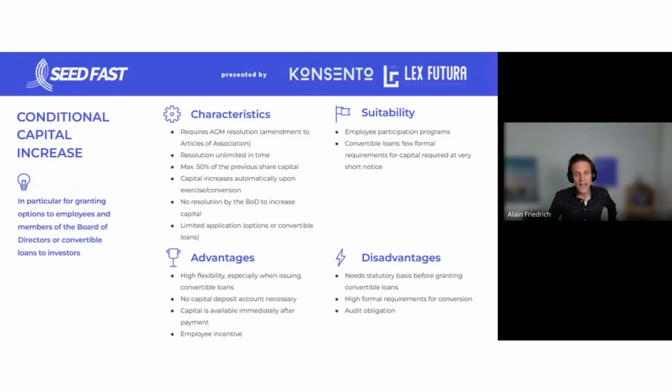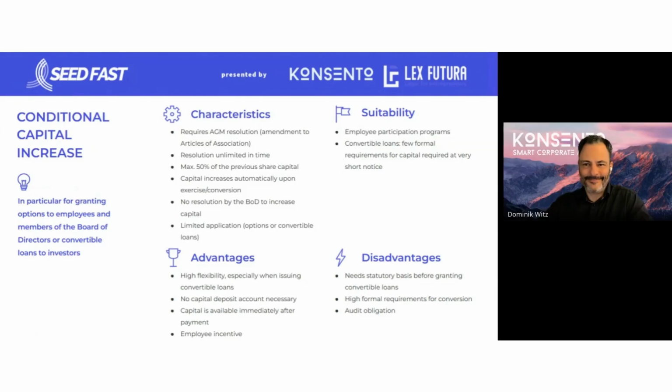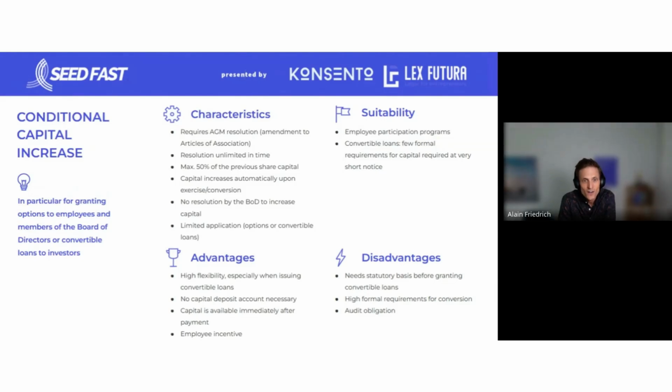Yeah. So I think the chances, and that's an advantage, the chances of not being mentioned in the articles is higher if you have conditional capital in your Articles of Association and then enter into convertible loan agreements. Unfortunately, not many companies do this because often the argument is, I don't want to spend the notarization fee or some legal fees to have it in my articles.